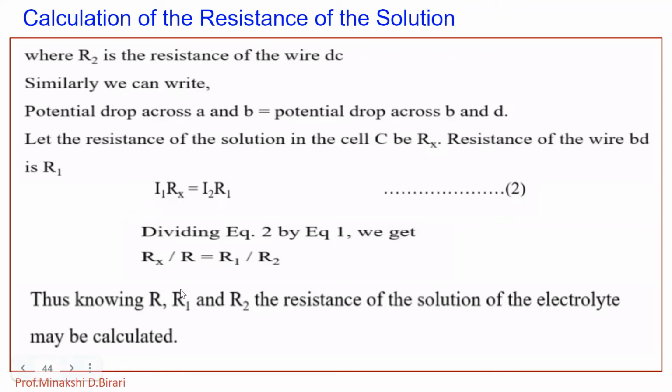If we have three values, we can find out the other value of resistance. So, by using Wheatstone bridge circuit, we can calculate the resistance of the solution.